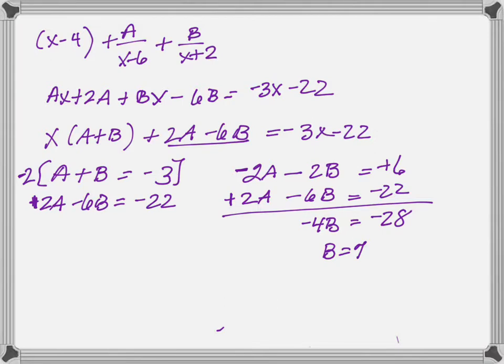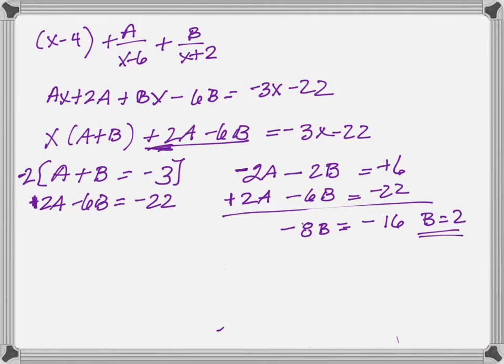Okay, so let's just take this from there. And we would have 0a, and then we would have negative 8b is equal to negative 16, so b is equal to 2. There we go. Sorry about that little mistake. That was a positive 2a.